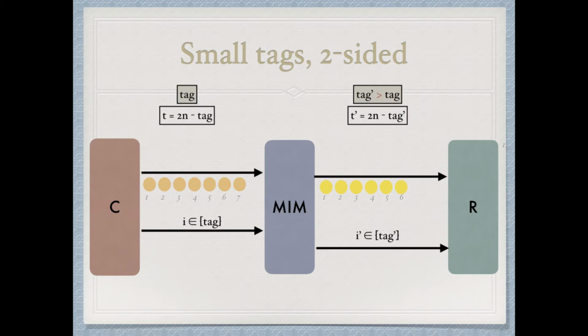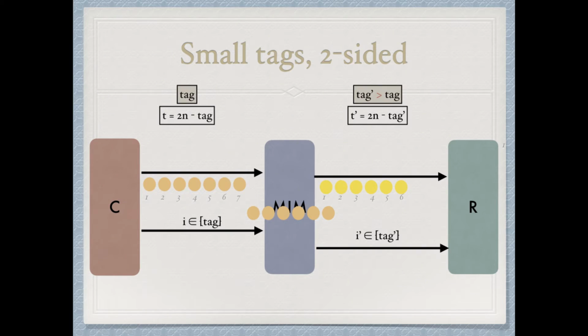But what we can do to avoid this is to set t to be equal to 2n minus your tag, and this ensures that 2n minus tag prime on the right is still smaller than 2n minus tag on the left, and now send 2n minus tag number of commitments. So the man in the middle misses out, because if the left tag is smaller than the right tag, then 2n minus tag on the right is smaller than on the left.